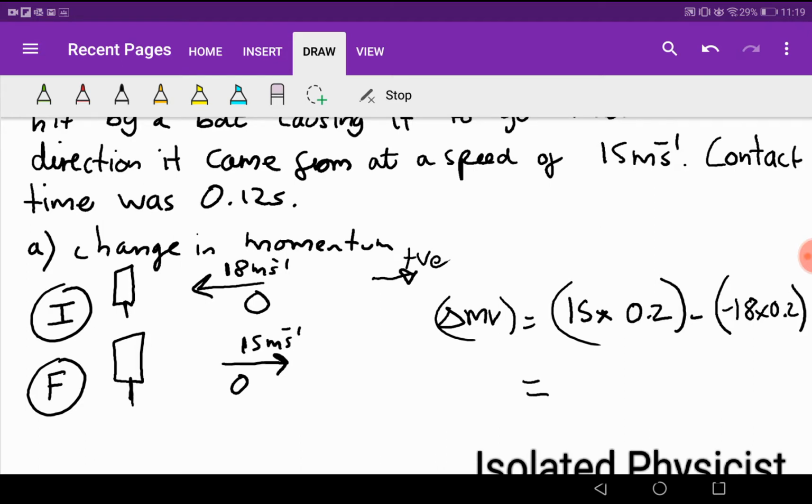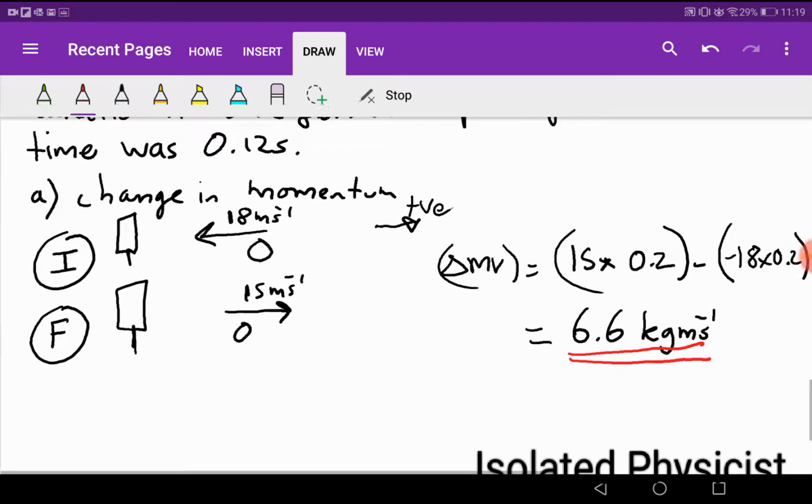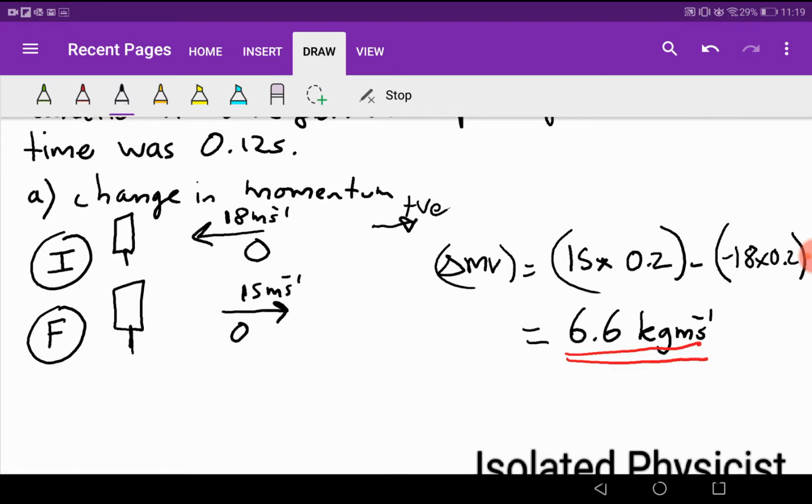What does that come out to be? Comes out to be 6.6 kilogram meters per second. Now I'm using kilogram meters per second because I've put in a mass and a velocity. So that's change in momentum.